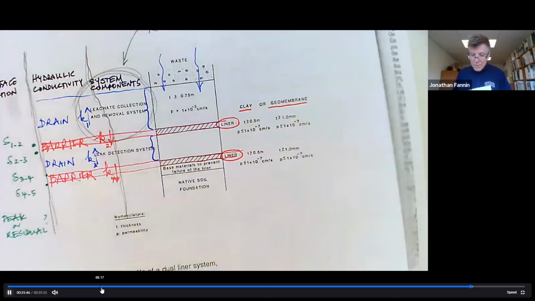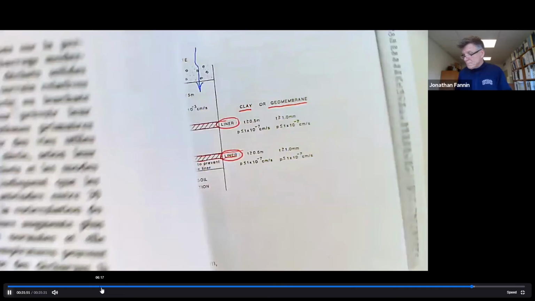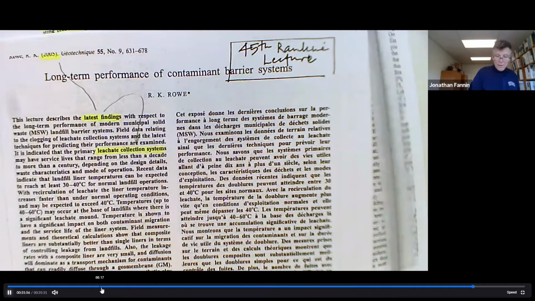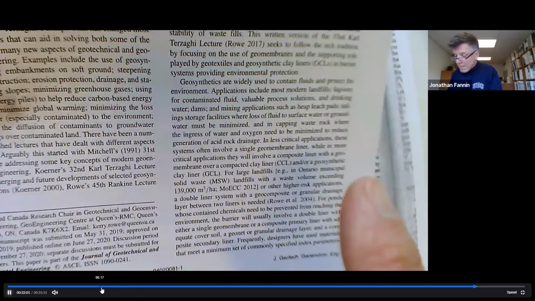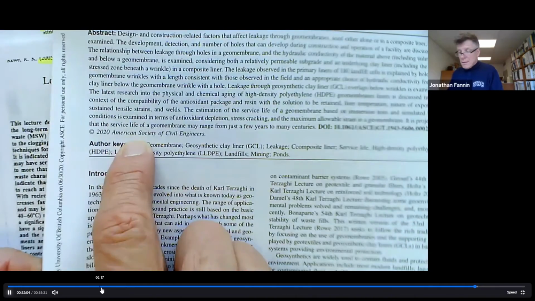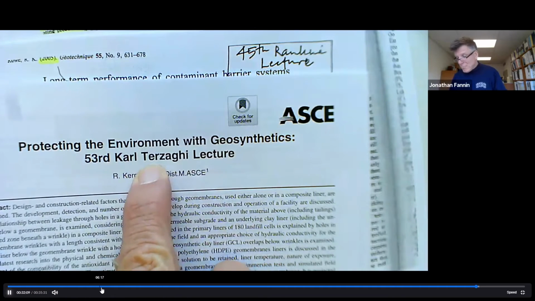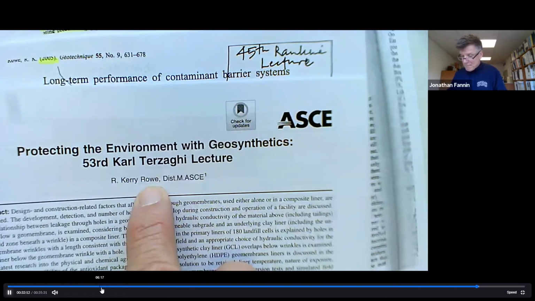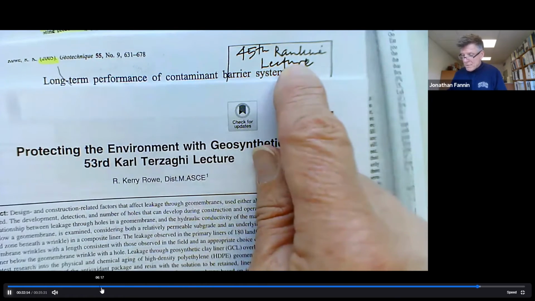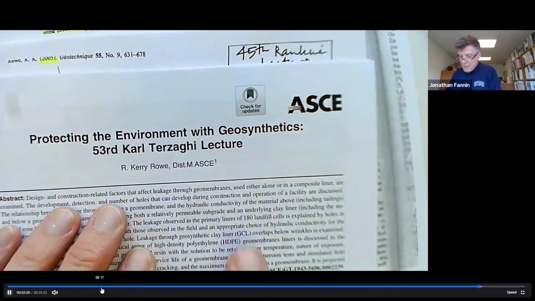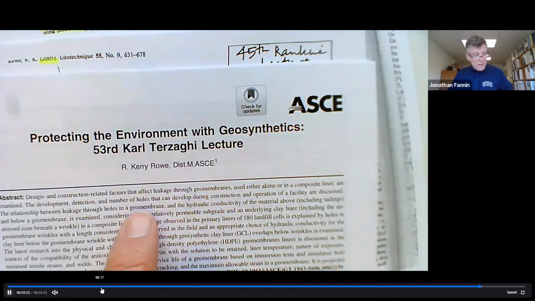In a follow-up to his Rankin lecture, Kerry Rowe in 2020 gave the 53rd Karl Terzaghi lecture to complement, 15 years later, arguably, his 45th Rankin lecture. And in this, he spoke about some of the other aspects of design.